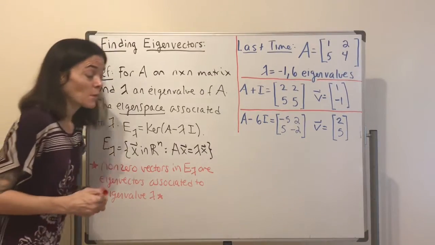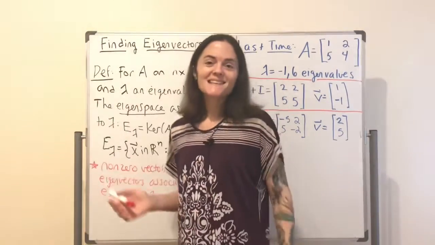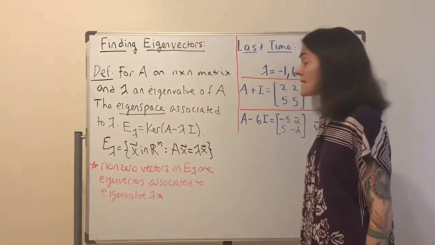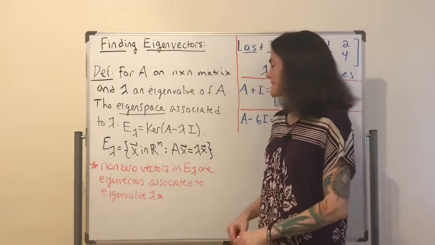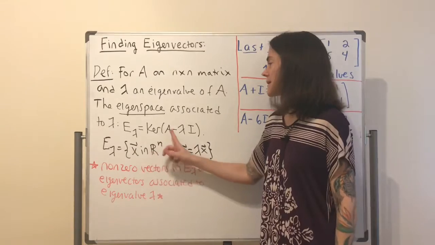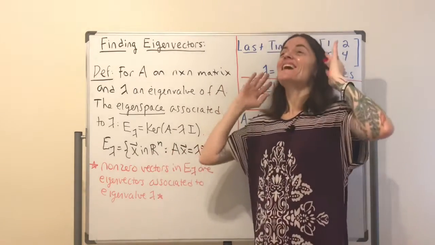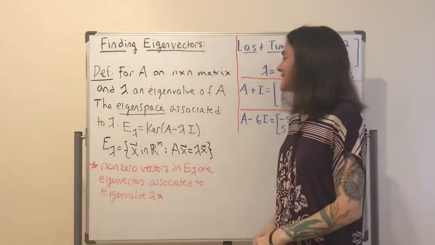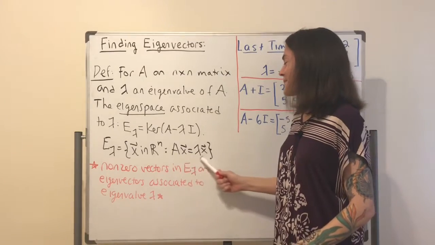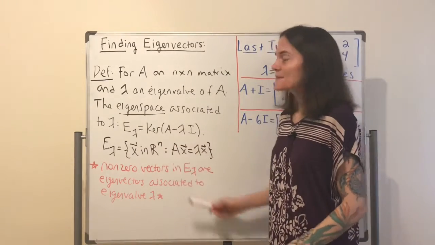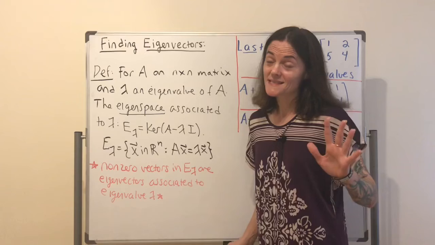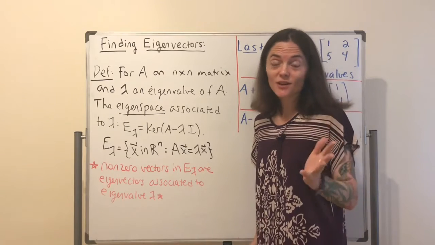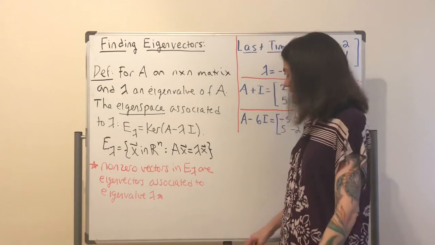Another thing we can observe is that E lambda is a subspace of Rn. It would not be terribly hard to check that 0 is in E lambda. Well, it's a kernel, right? E lambda, without a doubt, is a subspace of Rn because it's the kernel of a matrix.